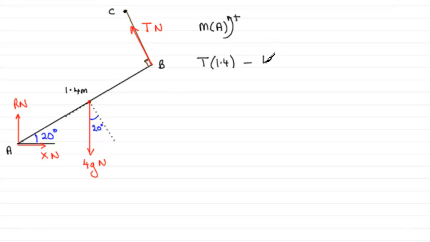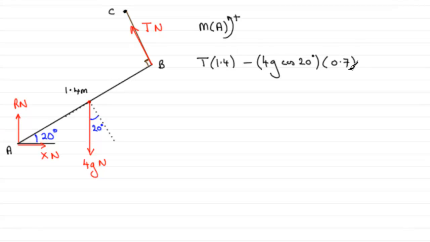So you've got the force 4g cos of 20 degrees, and that has to be multiplied by the distance from here to A. Well, being a uniform rod, it's going to be half of the 1.4 meters, so it's going to be 0.7 meters. So we'll just put that in as 0.7.